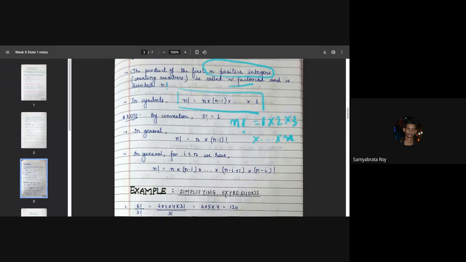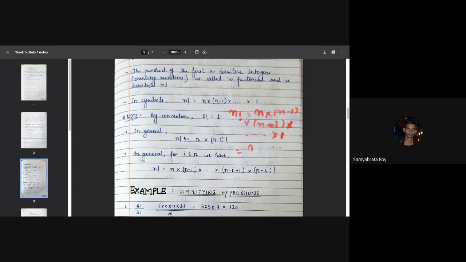Now, in general, suppose I'm writing n factorial. What does this mean? n factorial is n into n minus 1 into n minus 2, and it will go up to 1, right?